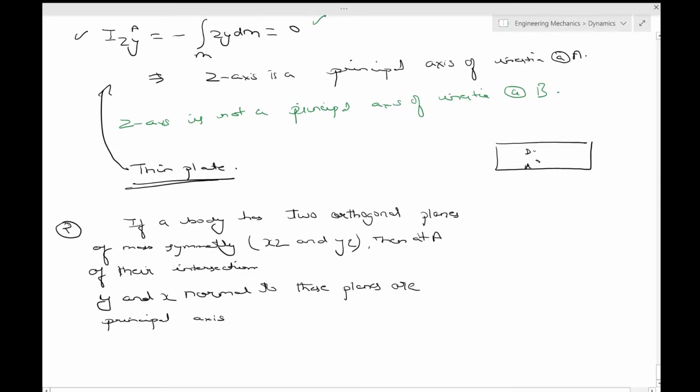Automatically, if y is your principal axis, you will say that I_yz at A is equal to I_yx at A is equal to 0, and x being a principal axis would mean I_xy at A is equal to I_xz at A is equal to 0.